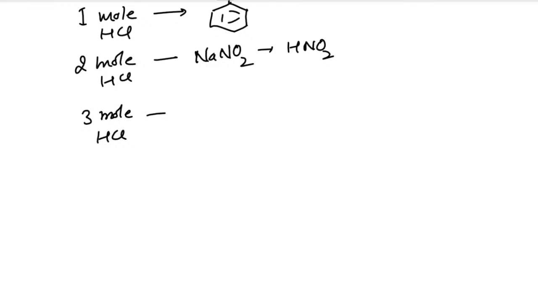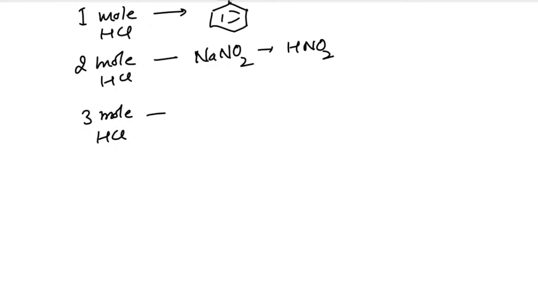Yes, only primary amine is used. Secondary and tertiary amines are not used. But tell me, for what purpose do we use the third mole? The third mole is used to make the solution sufficiently acidic so that free aniline is not there.